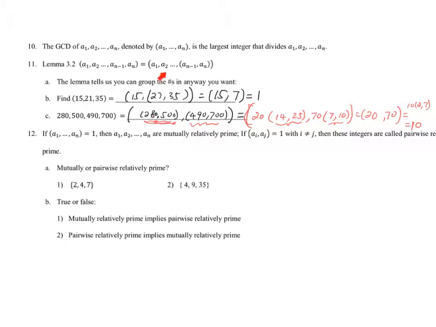This lemma allows us to simplify some problems using earlier established results. We can factor out the common factor. So it reduces a lengthier problem into smaller, easier problems. The last one is a concept: mutually relatively prime and pairwise relatively prime.